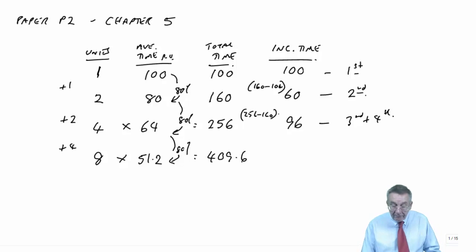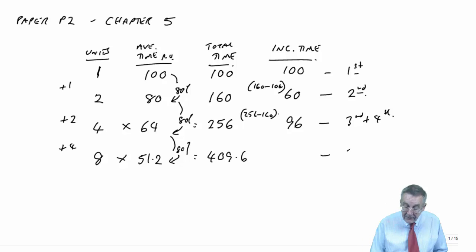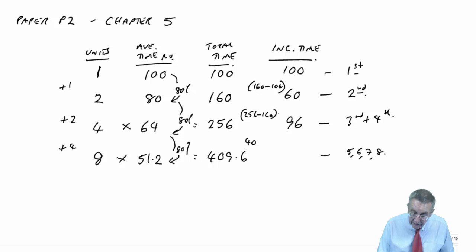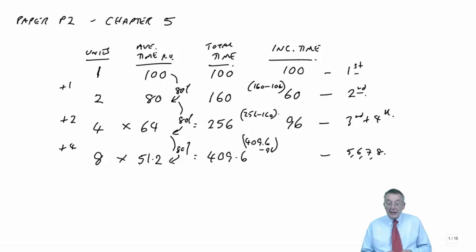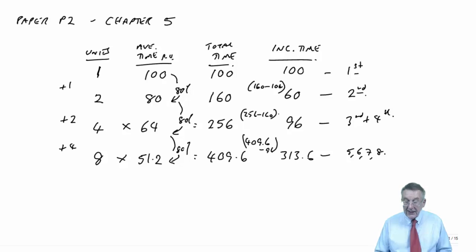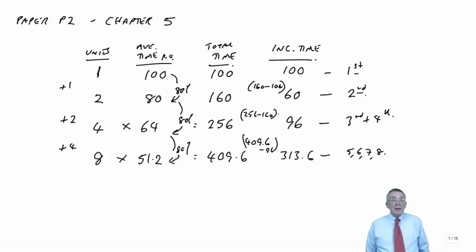And therefore, the total time for numbers 5, 6, 7 and 8, the first 4 took 96, the first 8 take 409.6. The difference, the total time for those last 4, I think is 313.6.